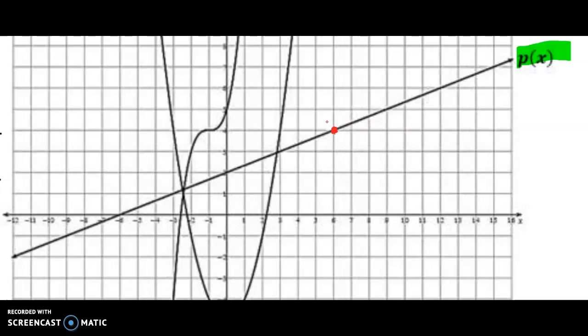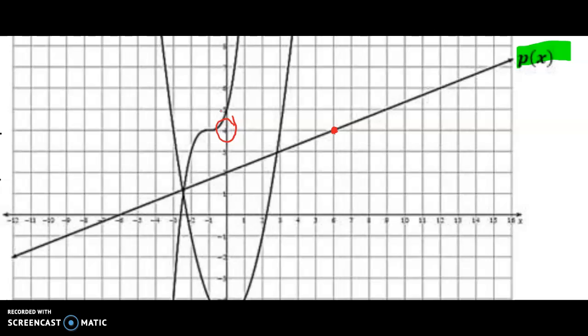At this input value of 6, we are now at the p of x function. What we're looking for is the output. The output values, again, are the y values. So from this point, we need to move our eyes toward the y-axis. When we do that, we see, I know it's kind of hard to see, at this value of 4, that is our output value.